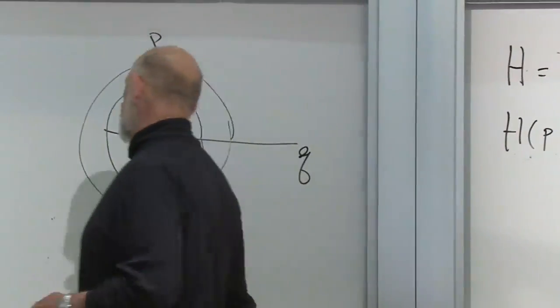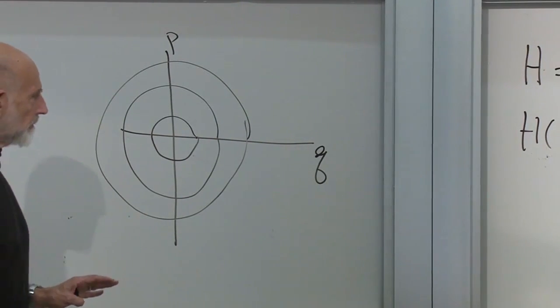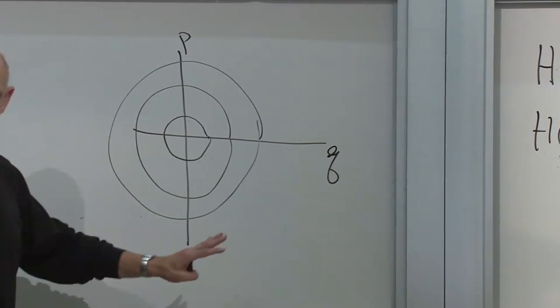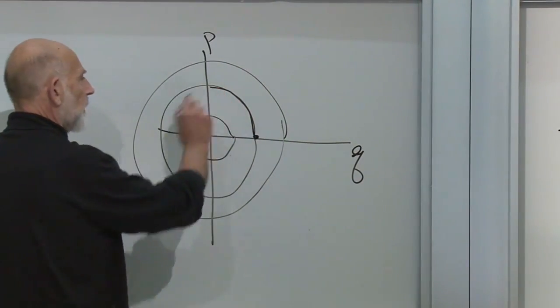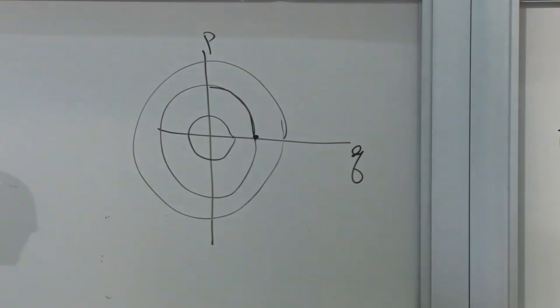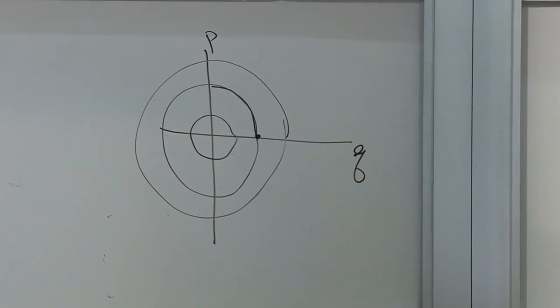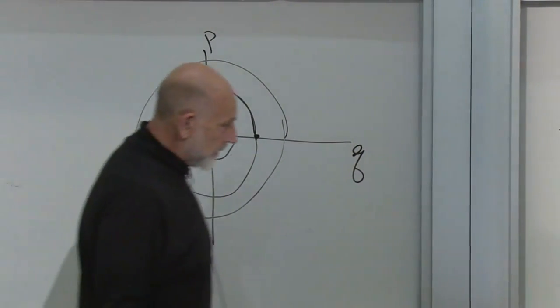So here's what we've learned. We've learned that the harmonic oscillator system moves through phase space with time on circular trajectories. Oh, actually, I think, if I remember correctly, they go the other way, clockwise rather than counterclockwise. The system moves on circular trajectories.